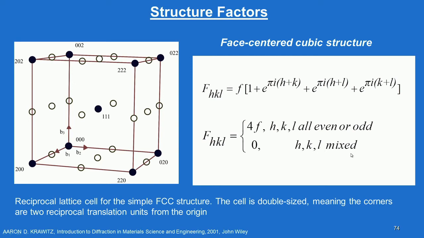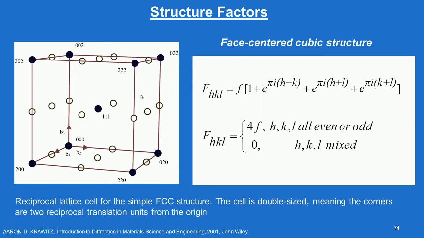So, now you can see that this is again a reciprocal lattice cell. So, do not confuse this with your real cell. This is a reciprocal unit cell. That means you will see the intensity spots in a double cell size, and wherever you have the allowed reflection, only then you will see the dark circles. So, here you can see that all h k l all even or all odd will have the allowed reflections.